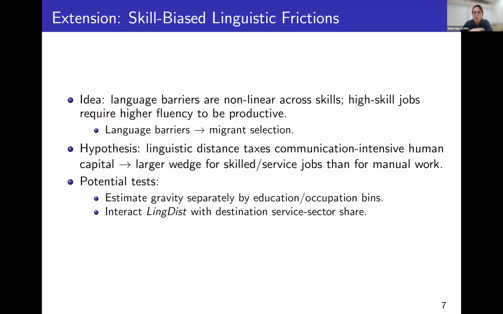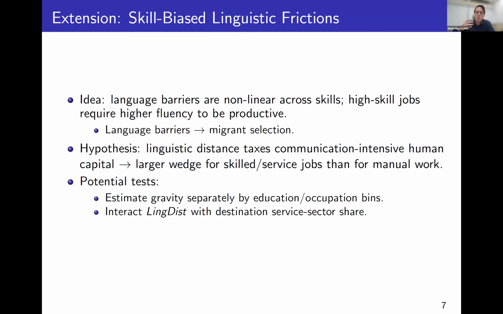One could be to estimate the gravity equation separately by education and occupation bins. Another way could be to interact the linguistic distance variable with the destination service sector share. And that may show that indeed this effect of this linguistic boundary is larger when the service sector is larger. Now, this may not be very important in 1901.